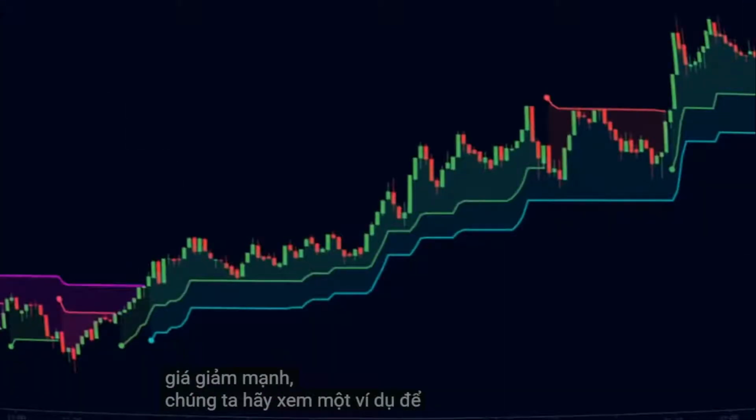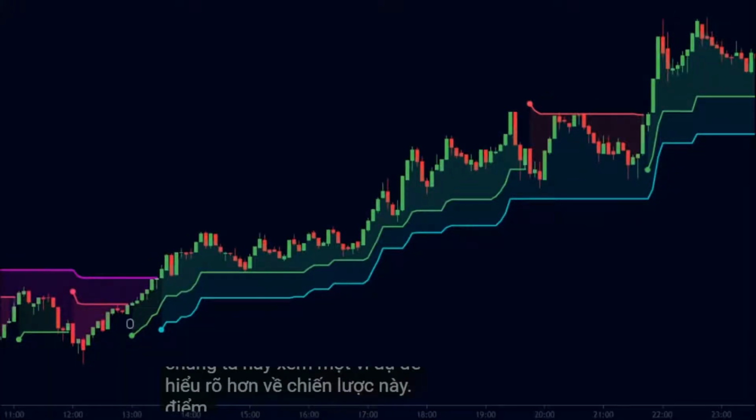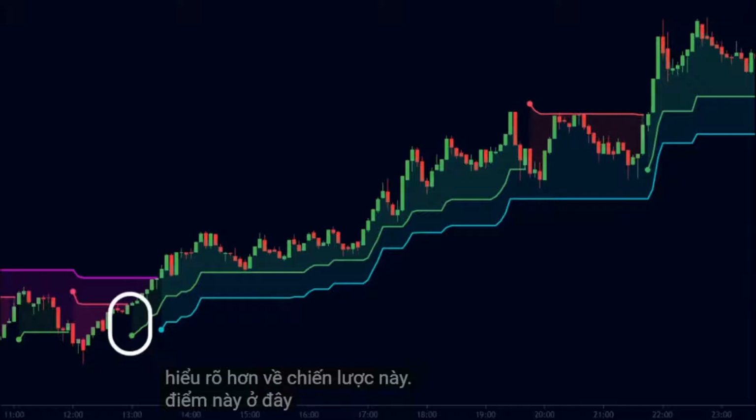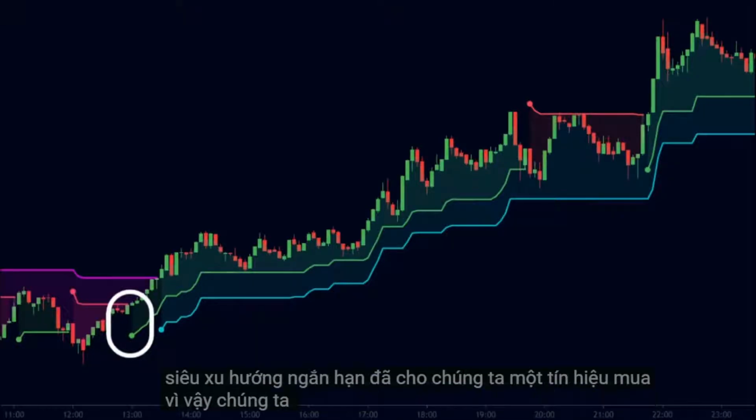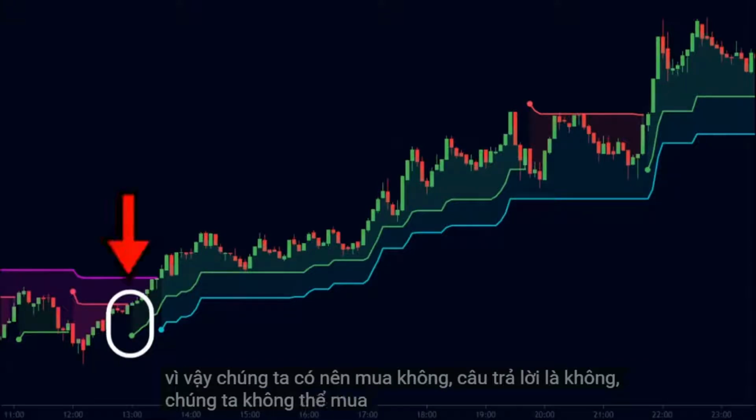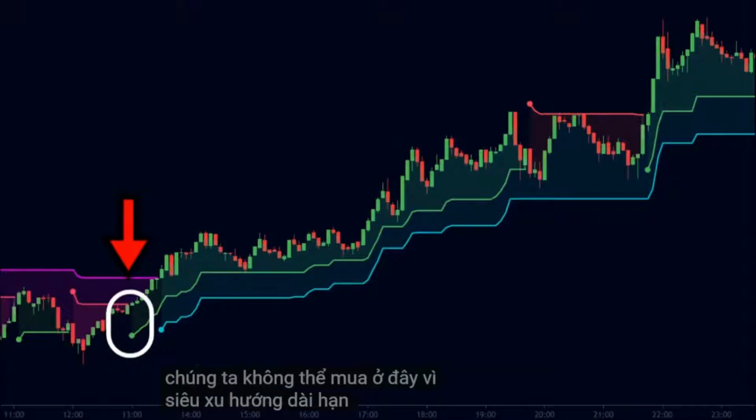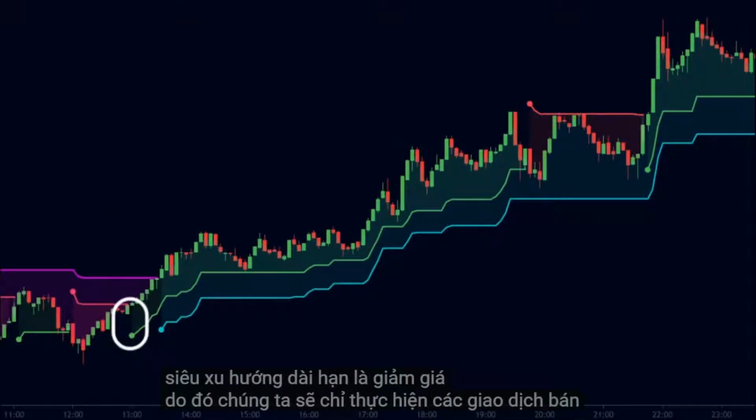Let us look at an example to better understand this strategy. Look at this point. Here the short-term super trend has given us a buying signal. So, should we buy? The answer is no, we cannot buy here, because the long-term super trend is bearish. Hence we will only take sell trades.